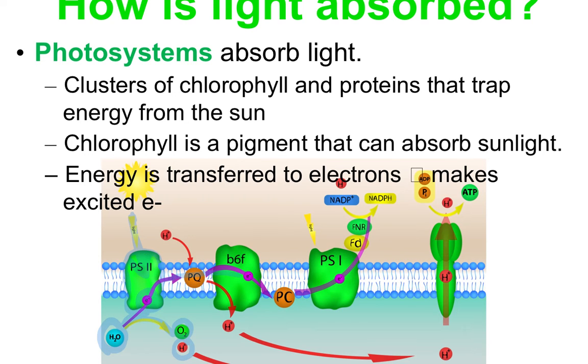That electron will be transported over to another photosystem, photosystem 1, and it will be used to transform NADP to NADPH. So it's going to find another hydrogen and attach it to NADP, creating NADPH. And it's going to use this electron that it's made from photosystem 2.